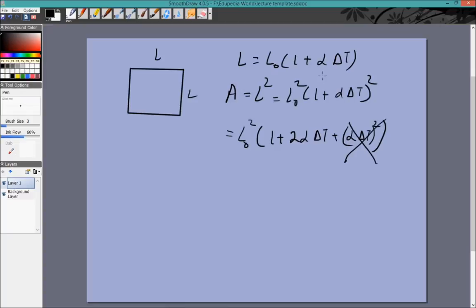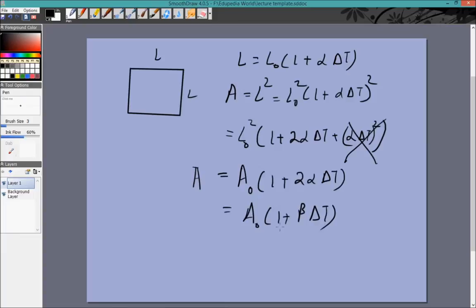Or I could have just used the binomial theorem here, and (1 plus x) whole square would have become 1 plus 2x for x being small. So what I get is A, the new area, is equal to, now L naught square is the original area because the original length was L naught, right? So it is equal to A naught times (1 plus 2 alpha delta T). We write it usually as A naught times (1 plus beta delta T), where alpha is the coefficient of linear expansion.